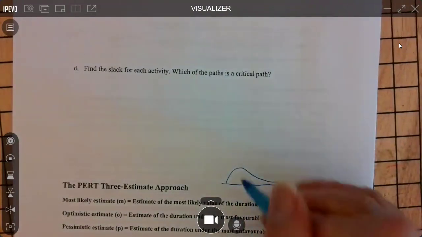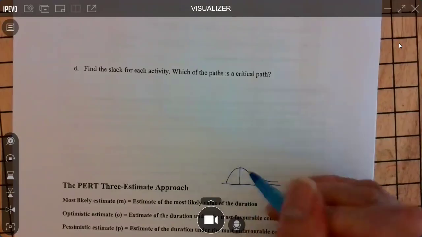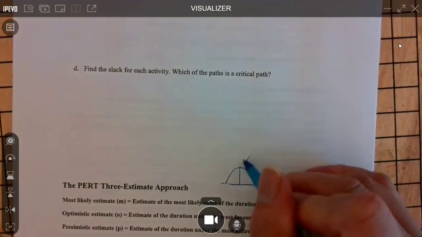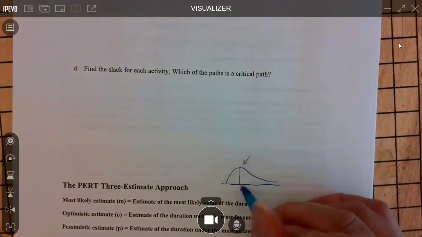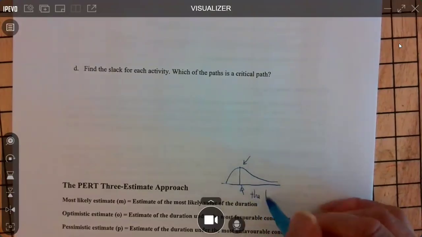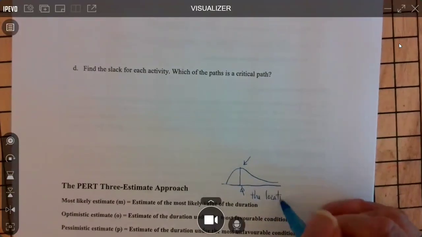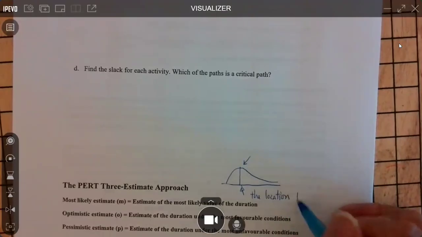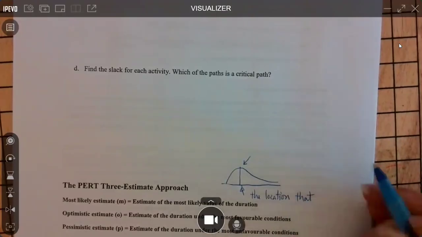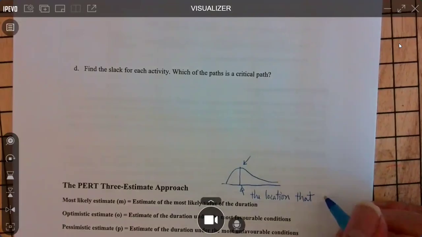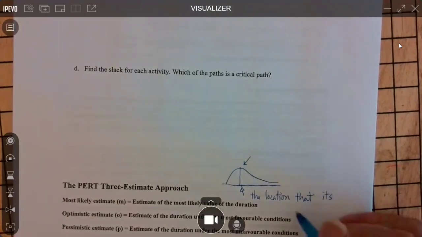What is most likely? The one with highest what? Peak in the distribution. The location. That its probability is what?